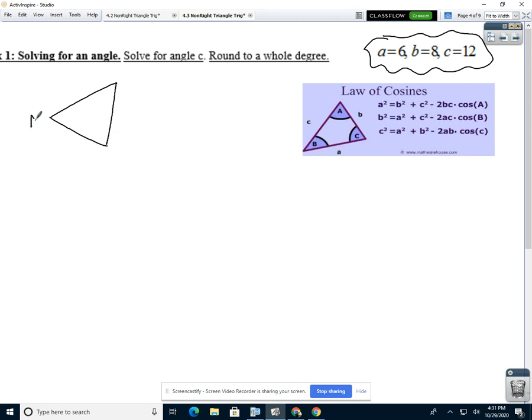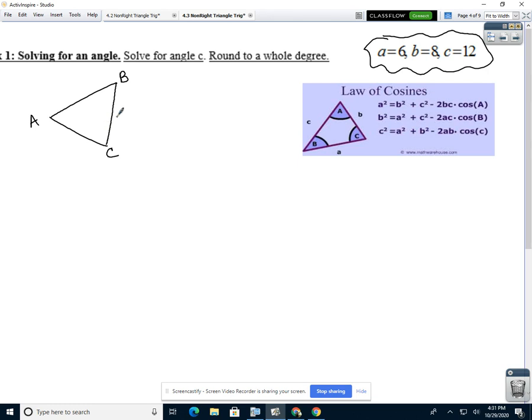So what I'm going to do is make a triangle and label it A, B, and C. I am right-handed, so I usually draw the triangle the same way every time. You might draw it a little differently, and that's okay, just as long as when you label your sides, they match up to where the angles are.